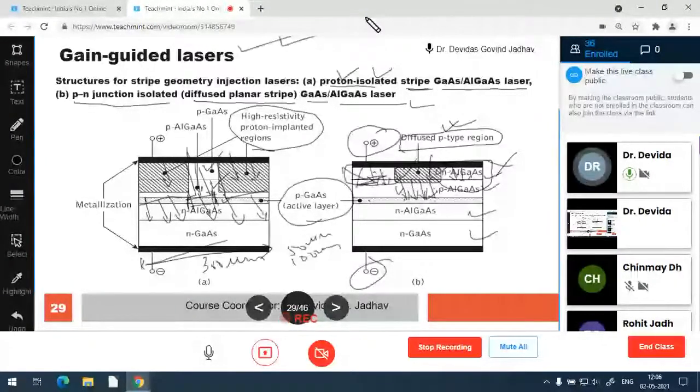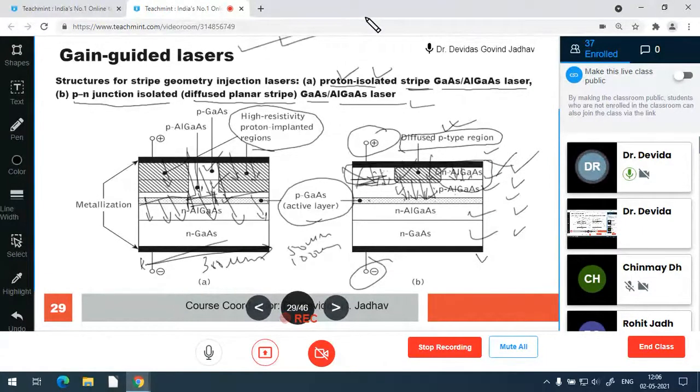Similarly, in the second figure, the diffused p-type region: first the N, then the active region, then P is there. Above that P, N is placed. So it becomes totally reverse biased if positive is connected on the uppermost metallization and negative is connected to the lowermost metallization.